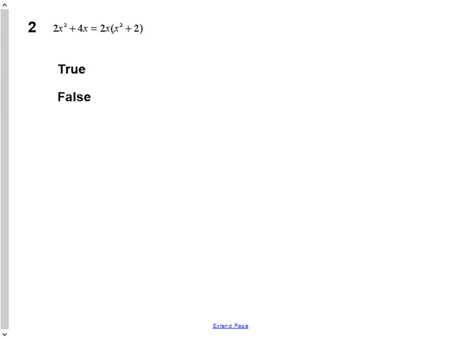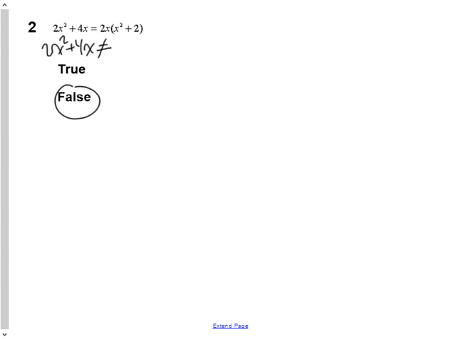In the second question, you have 2x squared plus 4x is the same value as 2x multiplied by x squared plus 2. And the answer again is false. On this side, 2x squared plus 4x cannot be simplified or added together, because they are not like terms.